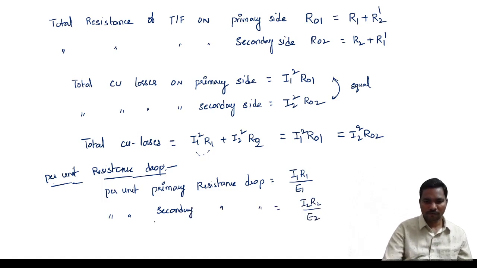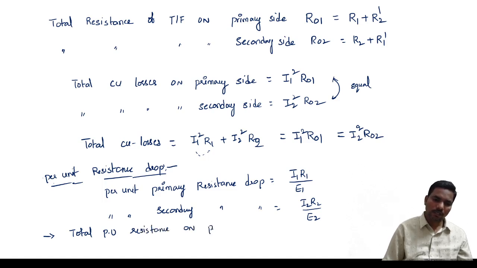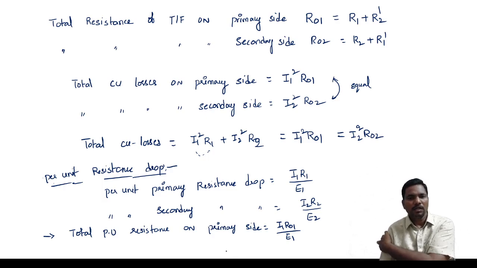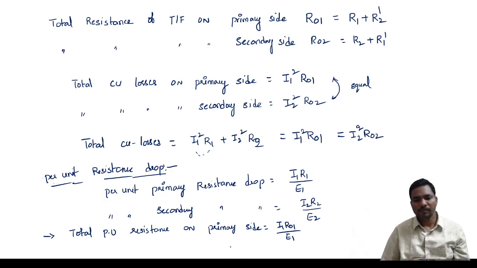In the same way, slides completed. So let us take in this slide 2 points only. Total per unit resistance on primary side is equal to I1 R01 by E1.